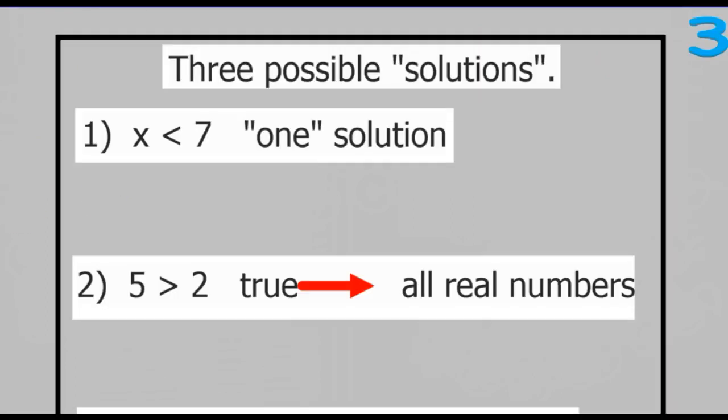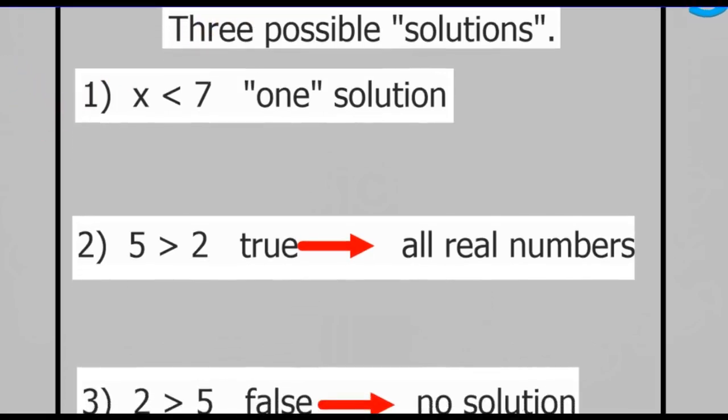Now we're going to talk about 3 different possible solutions to these inequalities. So the 3 possible solutions are one solution, where it's just x, our variable, is less than or greater than one single number. This is one solution.